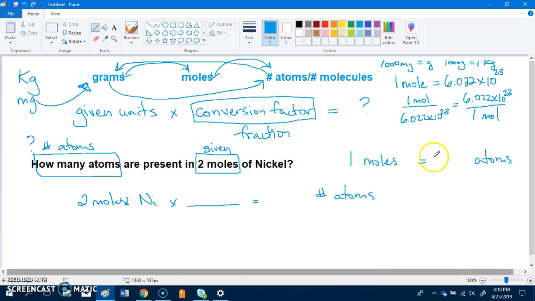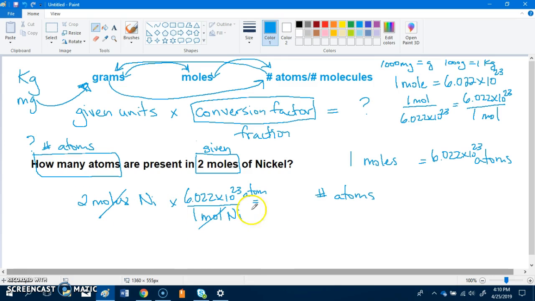And we know that 1 mole of anything is equal to 6.022 times 10 to the 23 atoms. Again, this needs to be turned into a fraction. What goes on the top is what we're looking for, so it's going to be 6.022 times 10 to the 23 atoms. And what goes on the bottom is the unit that we are trying to cancel out.